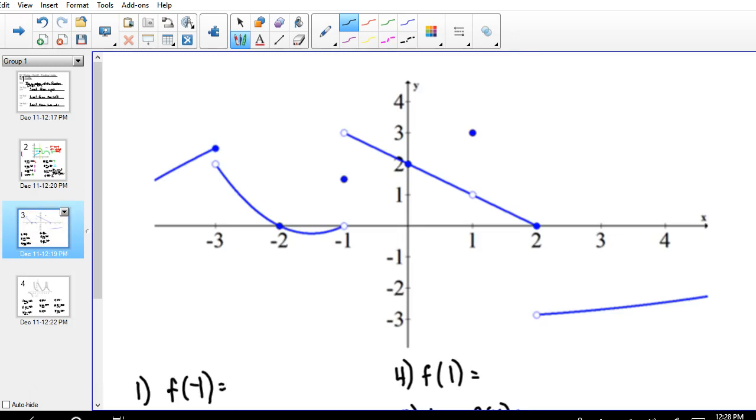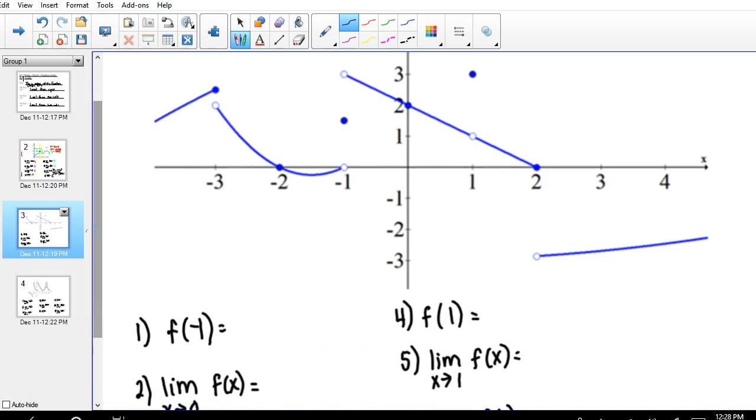So for this one, the first thing it asks is f of -1. We're looking right here. Where is your closed-in circle? What is your y coordinate? This one is a little tricky because it's not right on grid lines. What would you estimate it to be? Like 1.5?